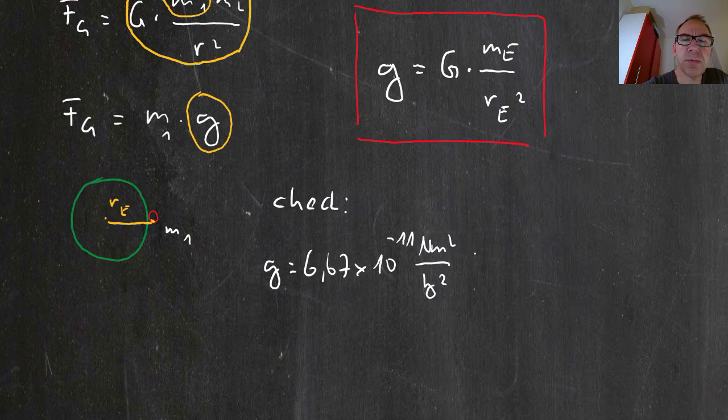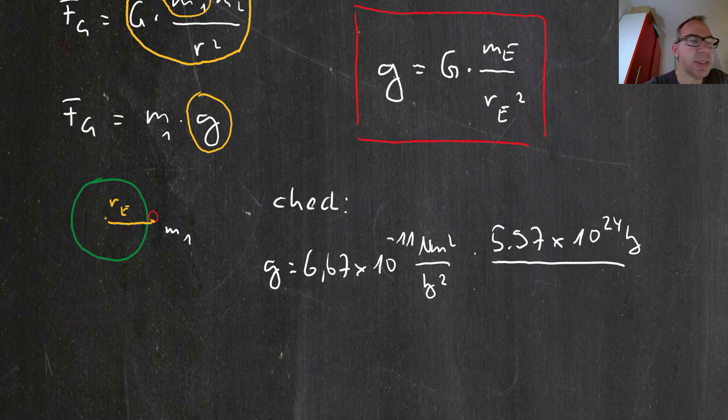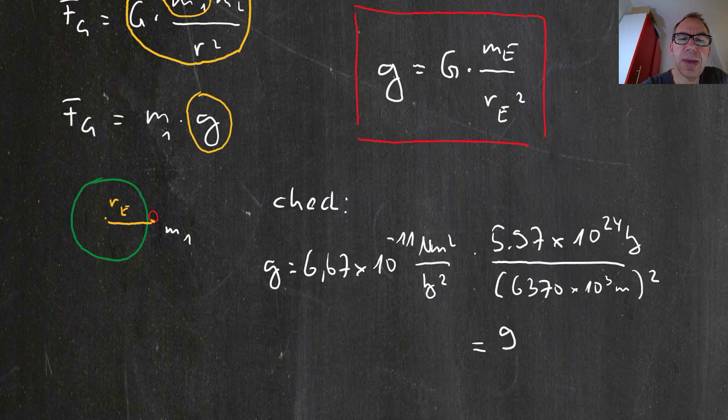Mass of the Earth: 5.97 times 10 to the 24th kilogram, and the radius is some 6,370 kilometers, so we have to multiply by 10 to the power of 3 to get meters, and take this squared. And you will find, if you put this into your calculation, that you get the well-known 9.8 meters per second squared.